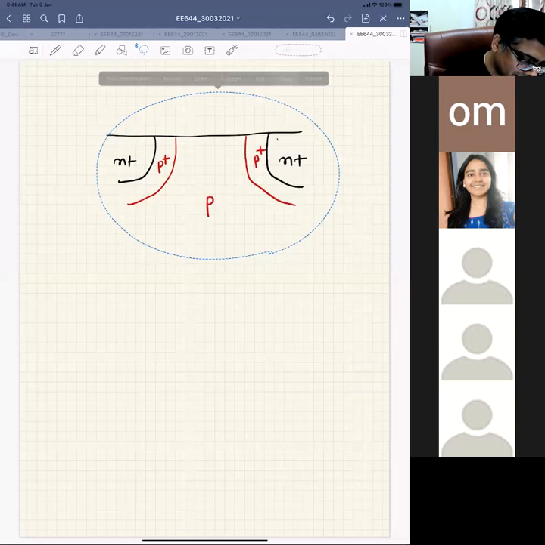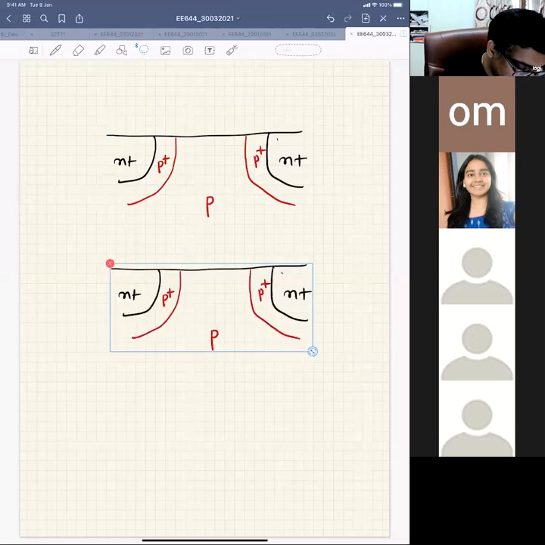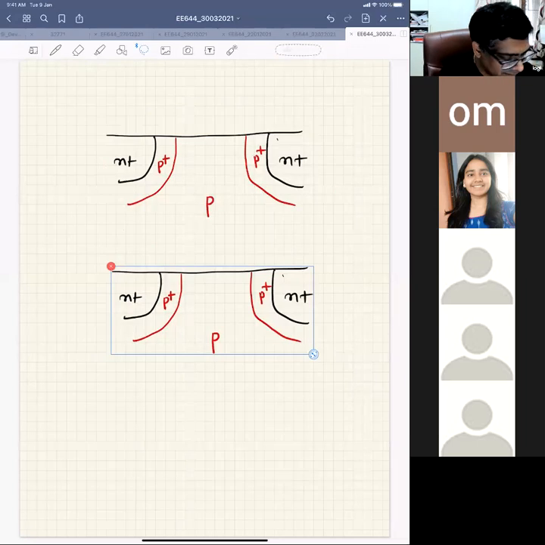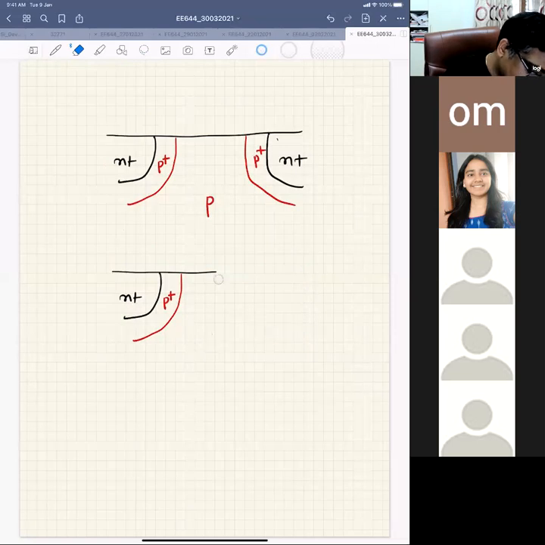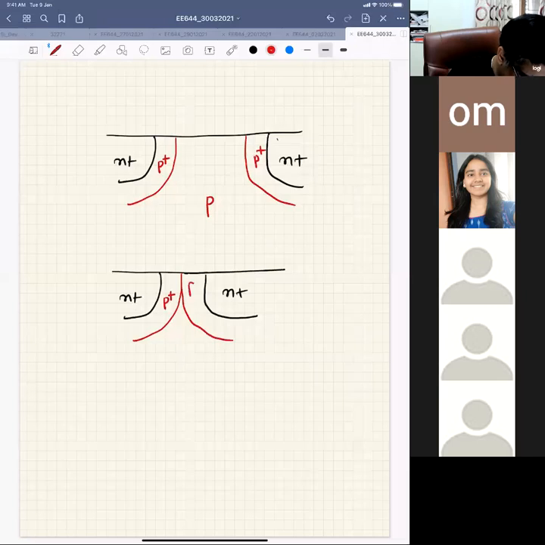For a shorter transistor, if I reduce the gate length of this transistor, then I have N plus, and the halo will become like this. So if you look at the surface here, it becomes P plus. But in the long channel case, there is no change in the doping at the surface, but when you reduce the gate length, the average doping in the surface increases.